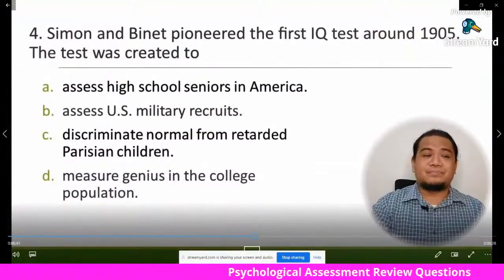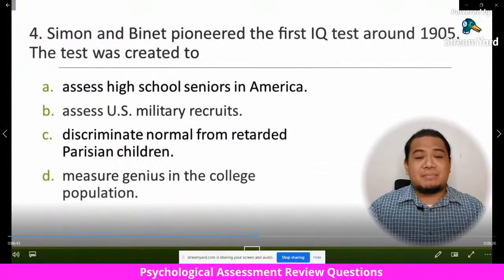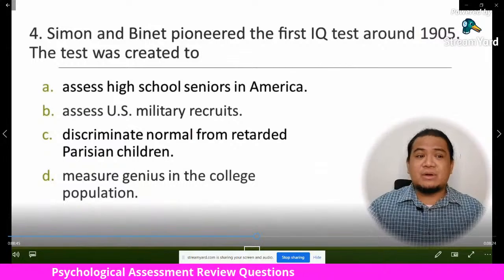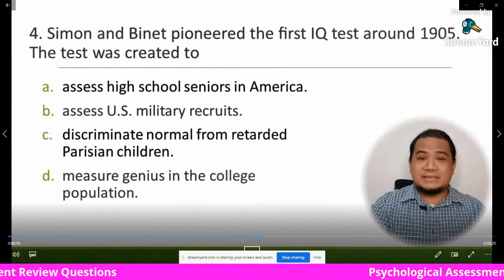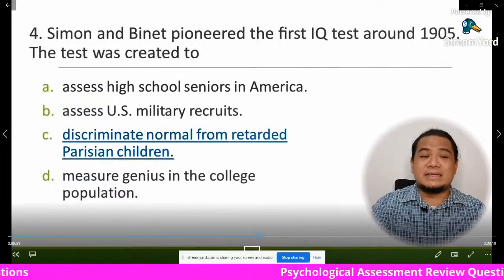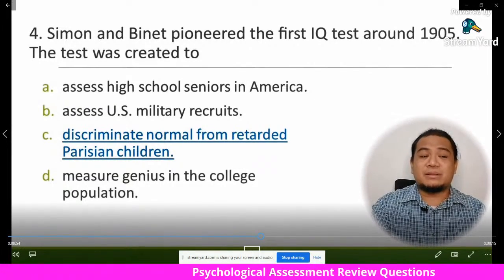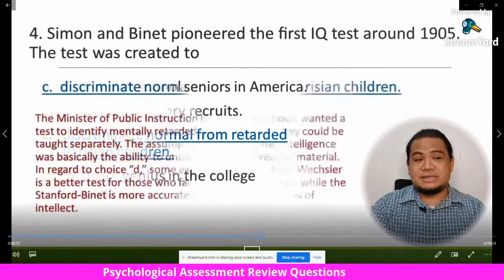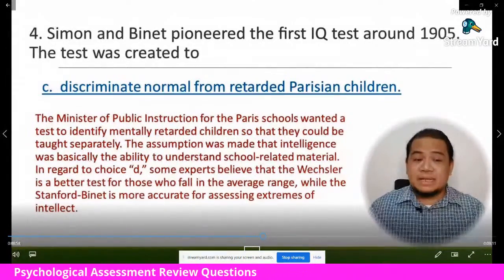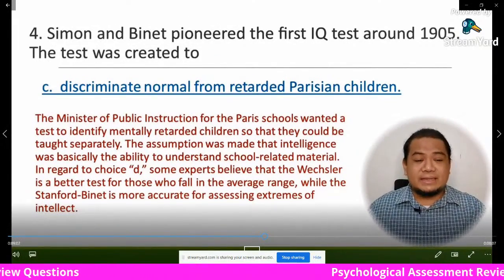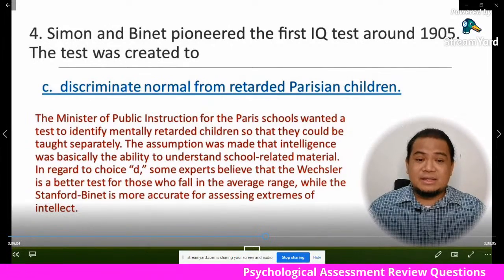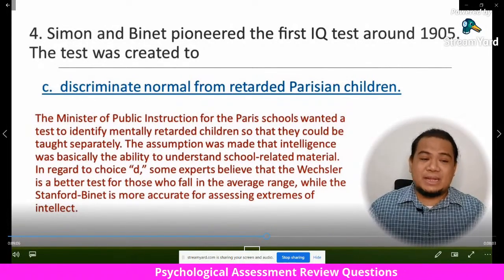Number 4, Simon and Binet pioneered the first IQ test around 1905. The test was created to, and the answer is letter C, discriminate normal from retarded Parisian children. The Minister of Public Instruction from the Paris schools wanted a test to identify mentally retarded children so that they could be taught separately.